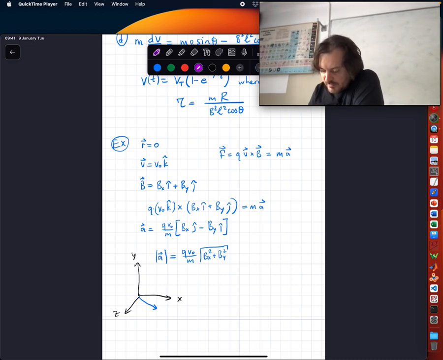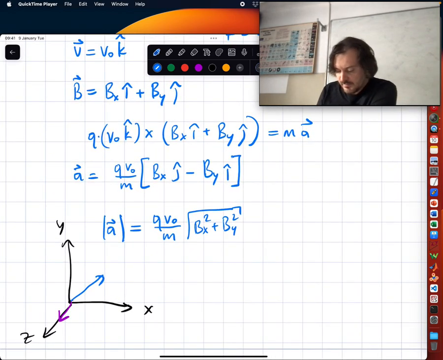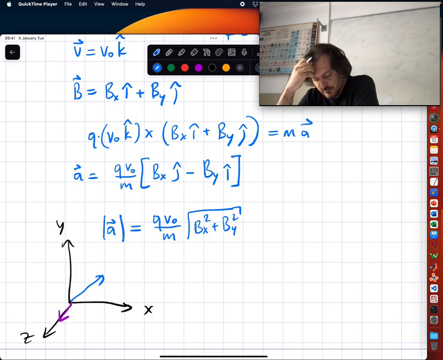And the particle starts moving in this direction. No, the magnetic field is in this direction. Do you agree? So they are 90 degrees with respect to each other. So what kind of motion do you expect from this particle? Circular uniform motion. What will be the maximum z coordinate?